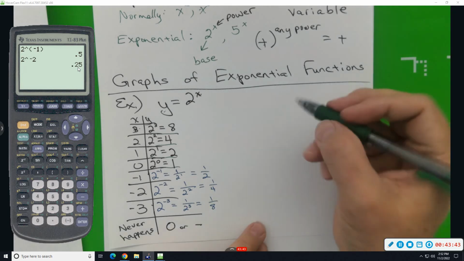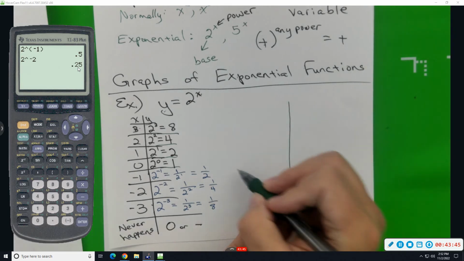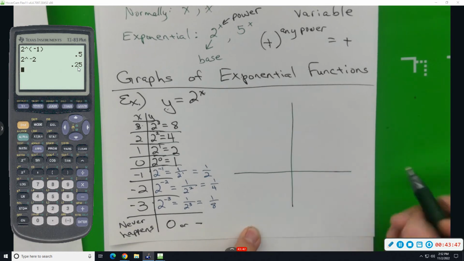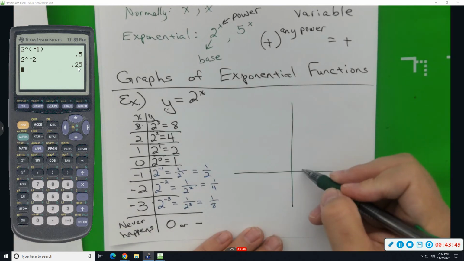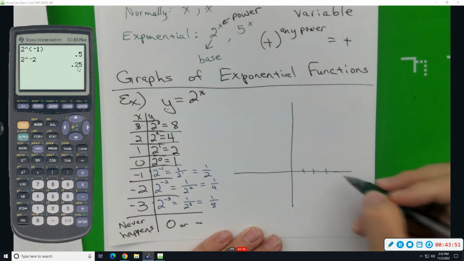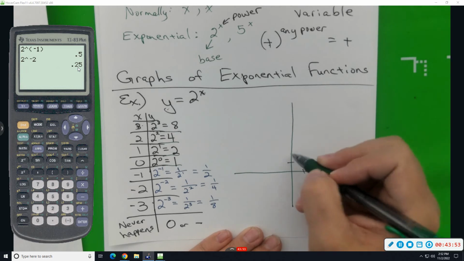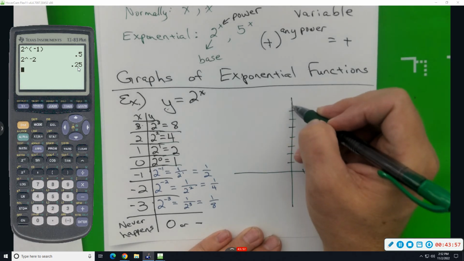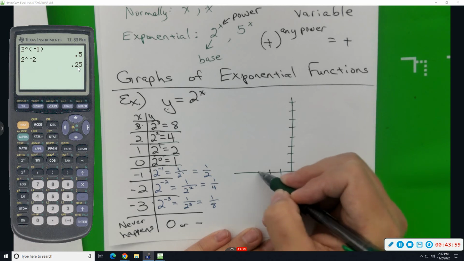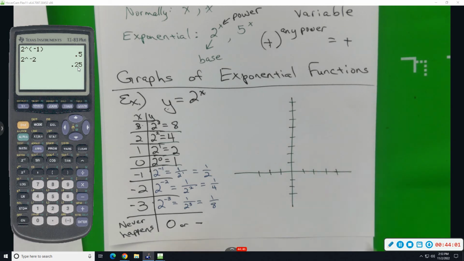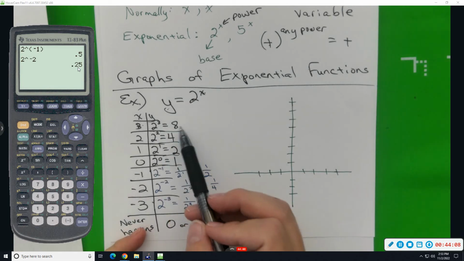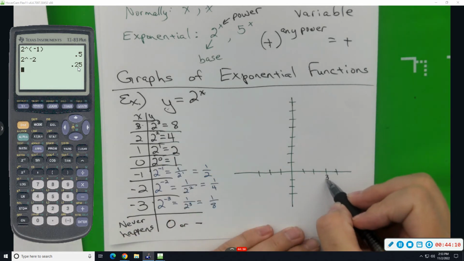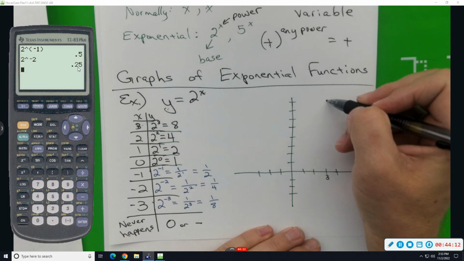Drawing an XY grid. We have the ordered pair 3, 8.